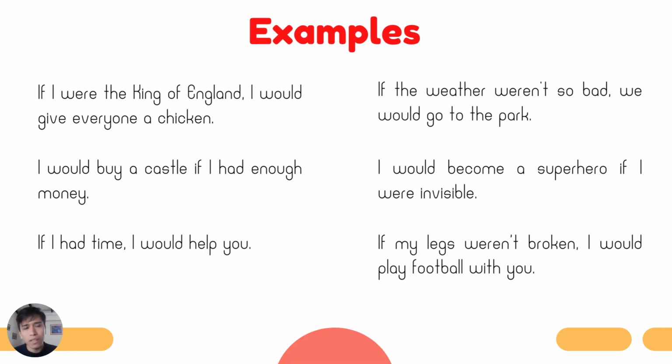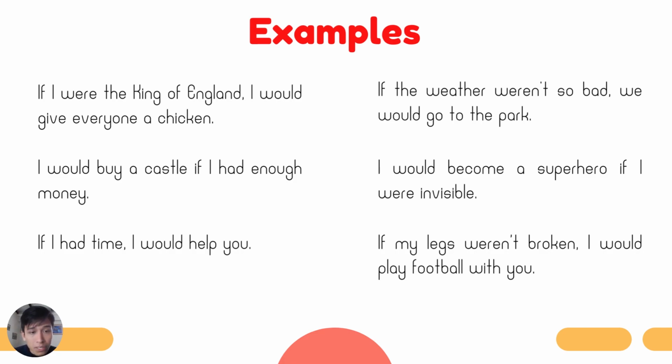So we will have to say if I were, if she were, if he were, if we were, if they were. You know that in fact it is I was, he was, she was, but here it is not. We have to always use were. We have to make that replacement.